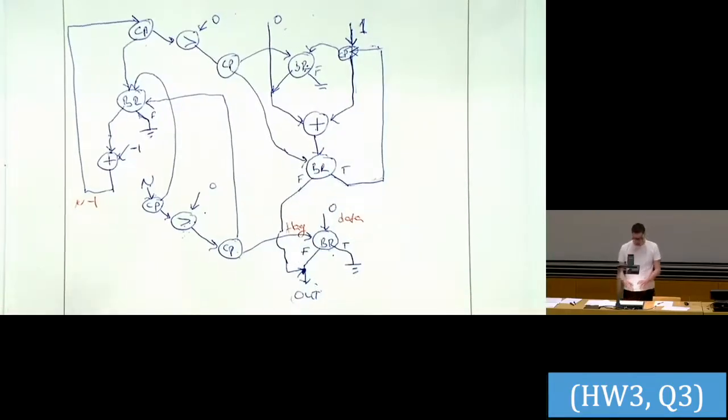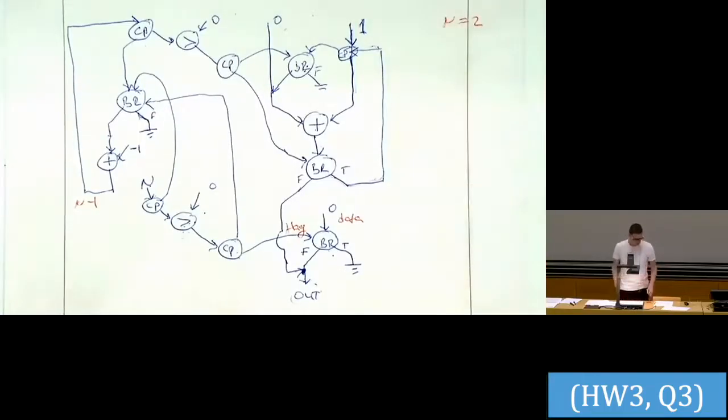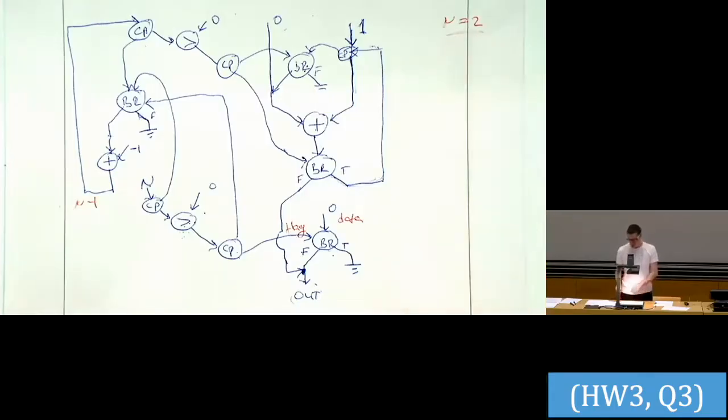Okay, so let's test the case where n equals 2. How much time do we have? Okay, I hope I'll finish in 5 minutes. So let's just test the n equals 2 case. I think we already verified n equals 0 and 1. It should be obvious here.